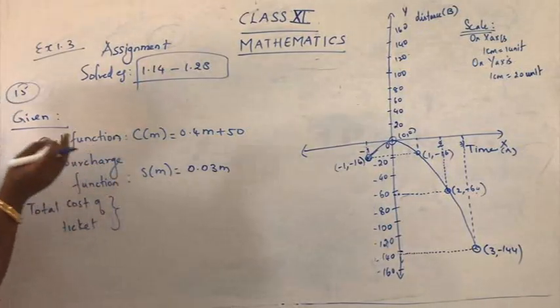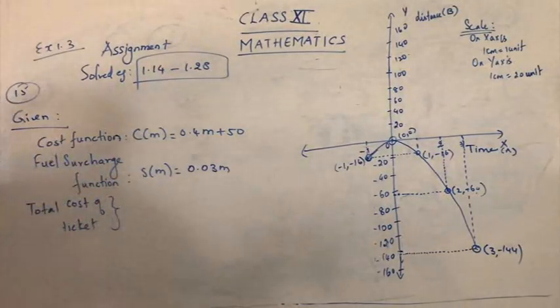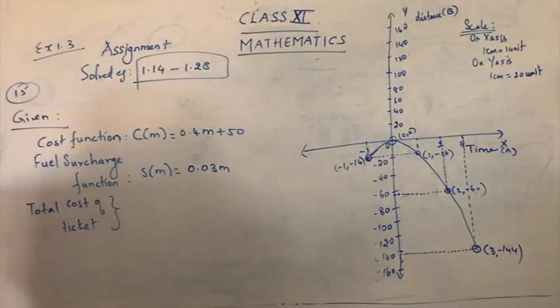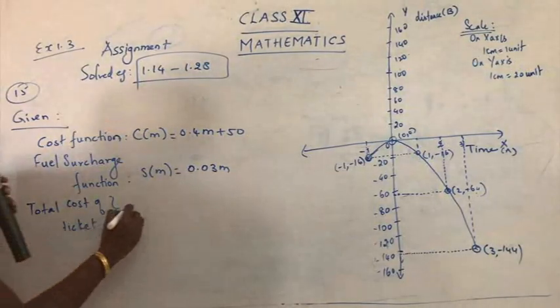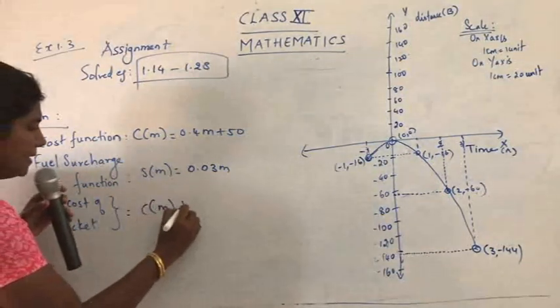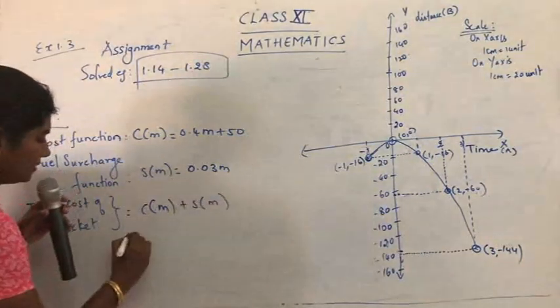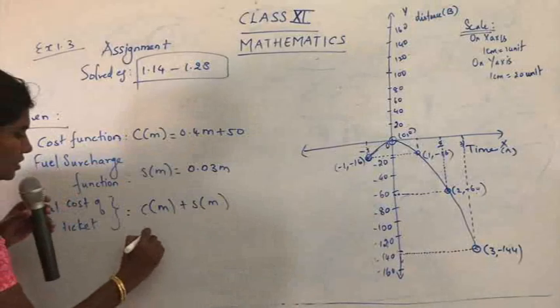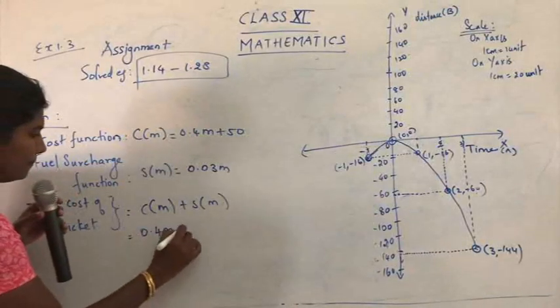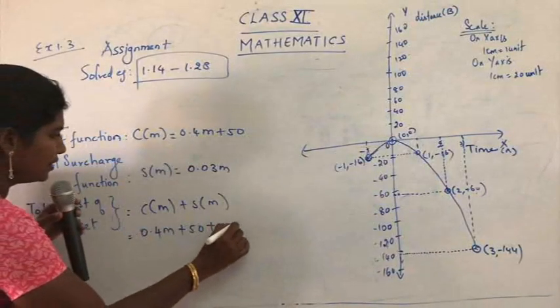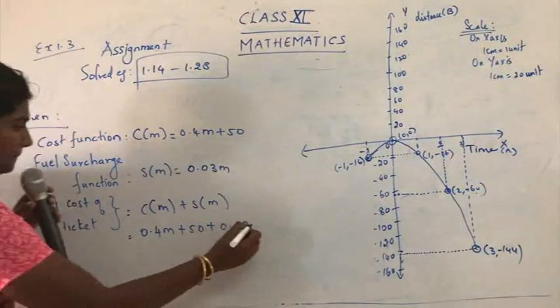How is the price determined for the air ticket? You have to pay for a base cost and also for the fuel surcharge. So the total cost of ticket is C of M plus S of M. So just substitute the values, 0.4M plus 50 plus 0.03M.